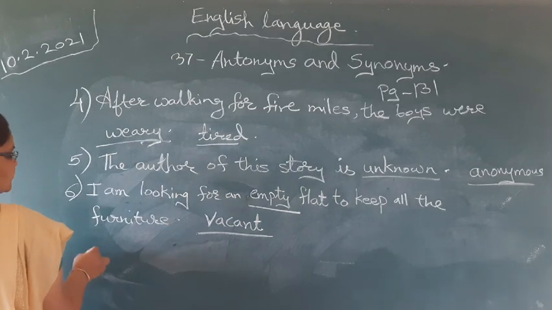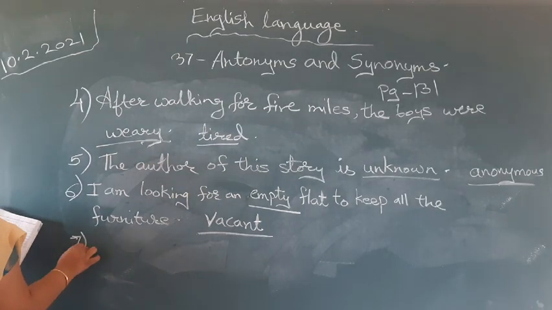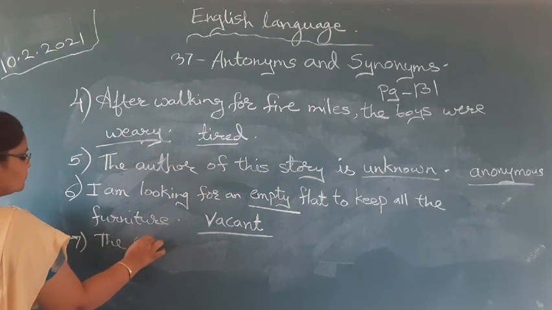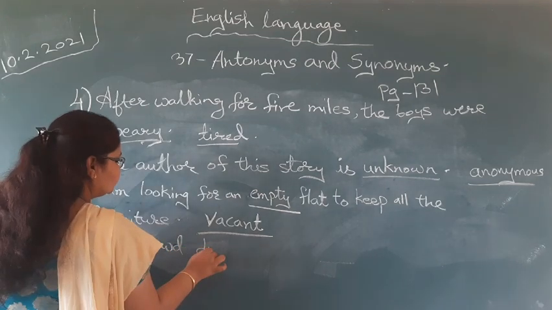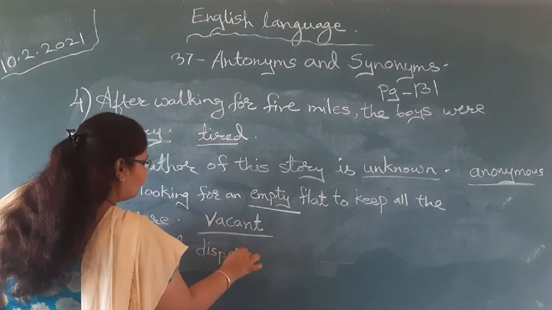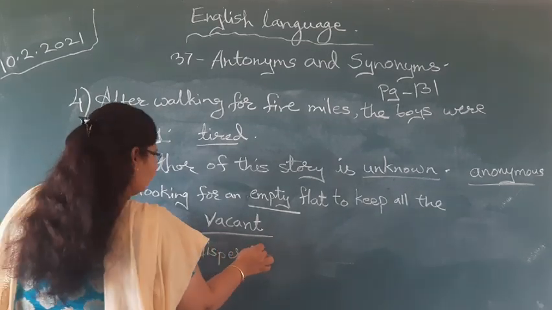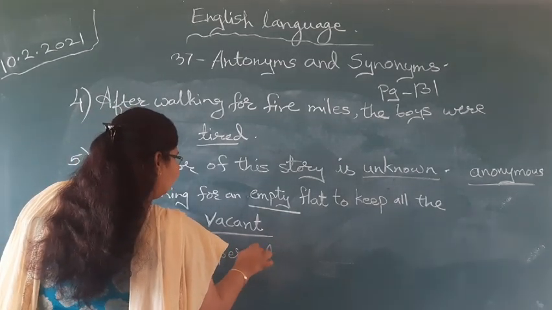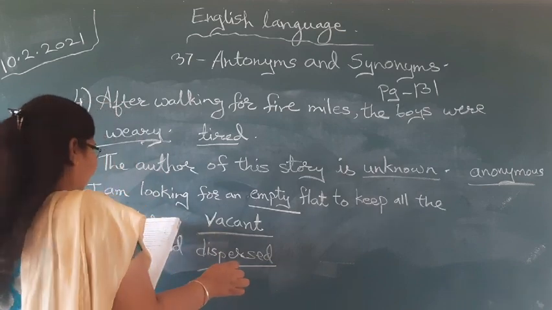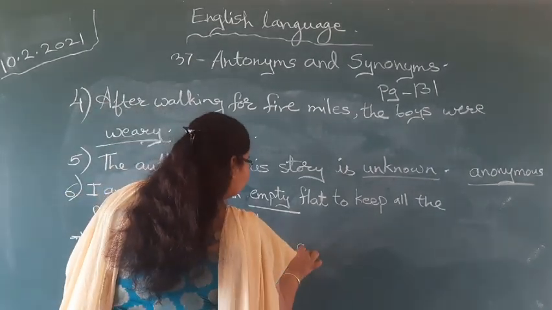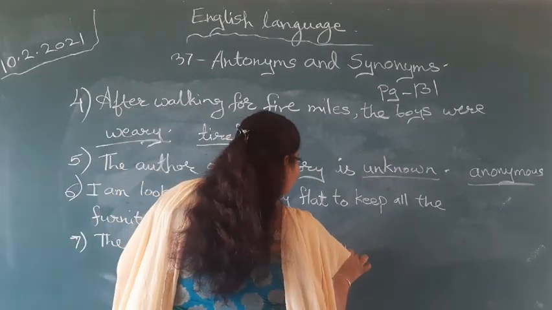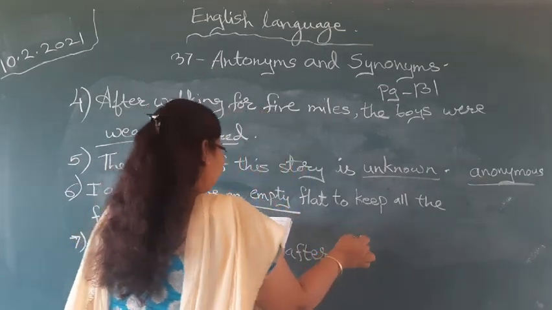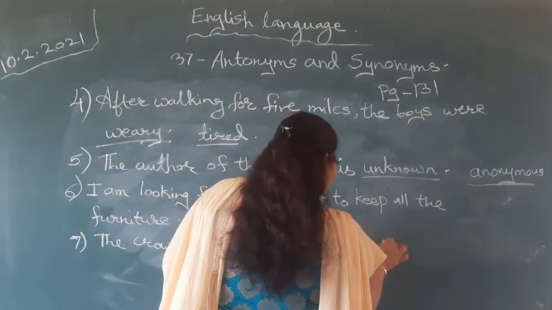Next, number 7. The crowd dispersed. If you say this word in Hindi, तितर बितर, यहाँ वहाँ हो जाना. Okay, dispersed. Do you understand तितर बितर? That is not at one place, here and there.